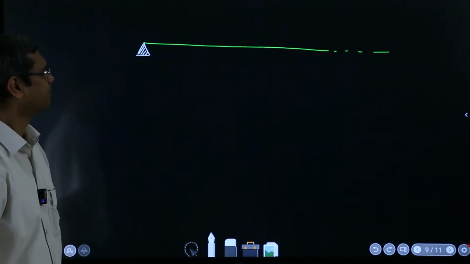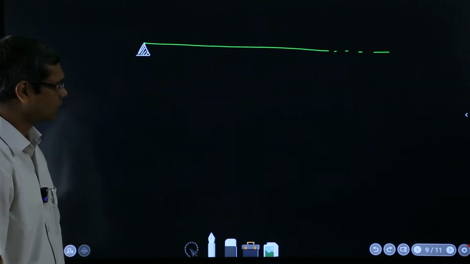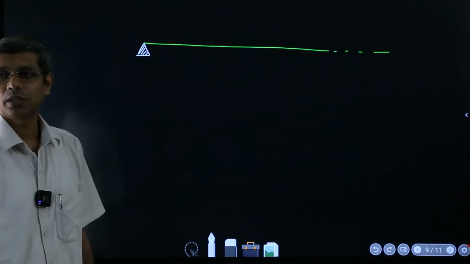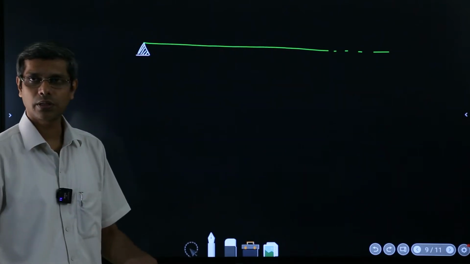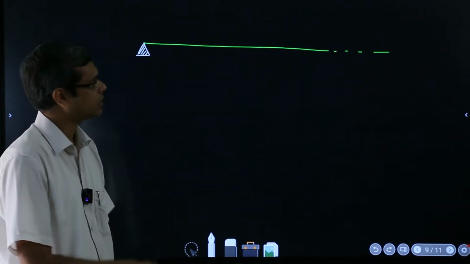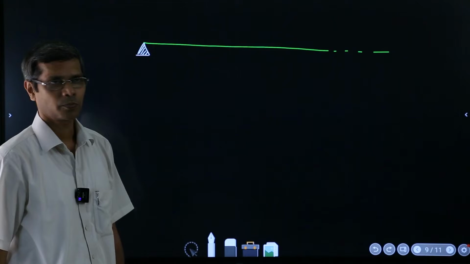Now what will happen in this case? What will be the general solution of a wave propagation in this condition?